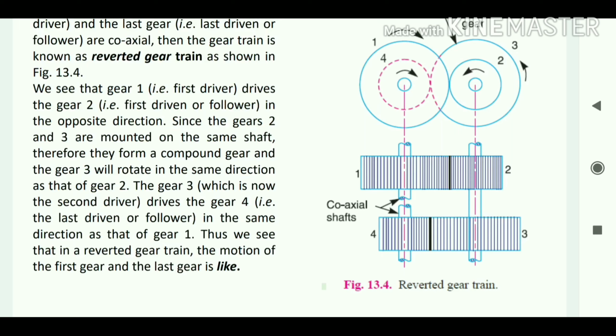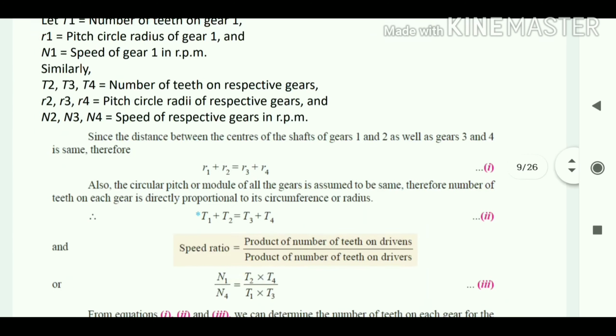Since gears 2 and 3 are mounted on the same shaft, they form a compound gear, and gear 3 will rotate in the same direction as gear 2. Gear 3 drives gear 4 in the same direction as that of gear 1. Thus we see that in the reverted gear train, the motion of the first gear and the last gear is alike.